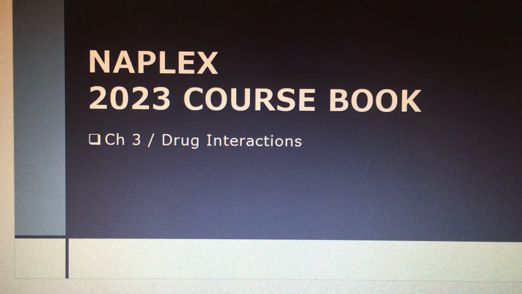So amiodarone would inhibit multiple enzymes, especially, like we just talked about, cytochrome 2C9, which again is inhibition. And so with inhibition, we're looking at higher levels of warfarin.